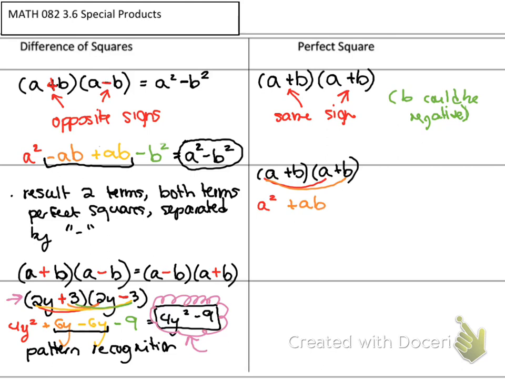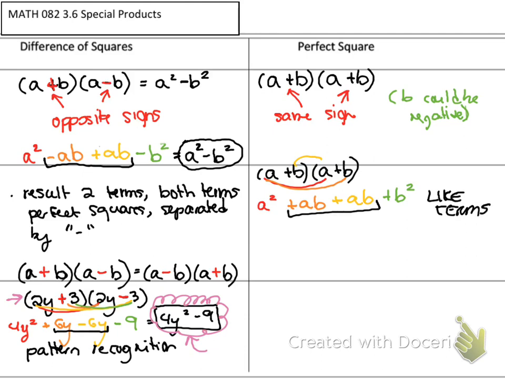We have inner, that's also plus ab. Okay, and then we have plus b squared. So remember, at this point we look for like terms.